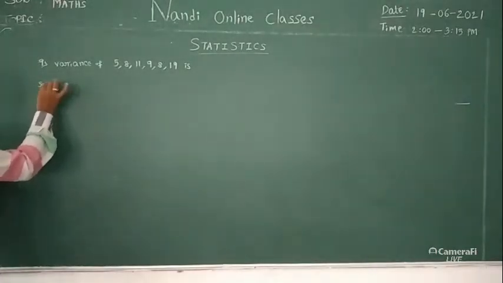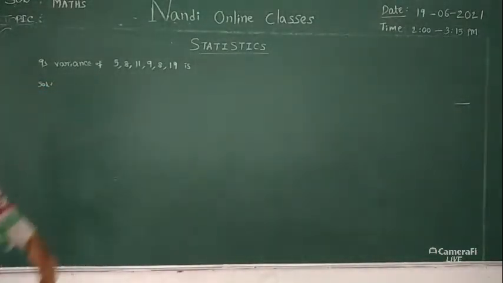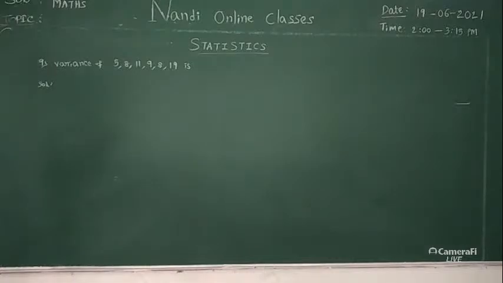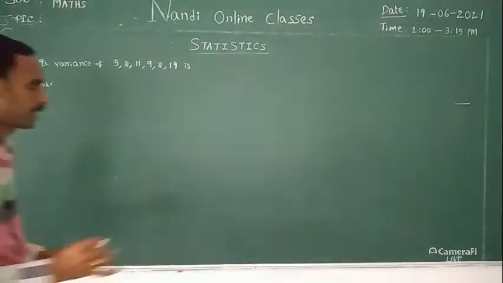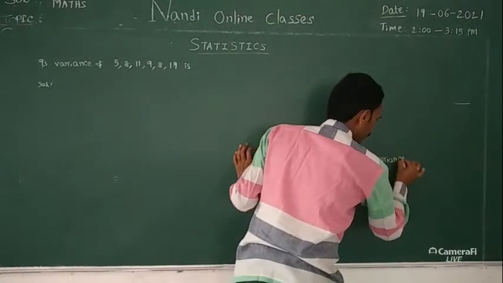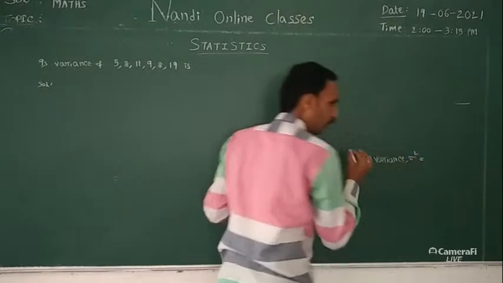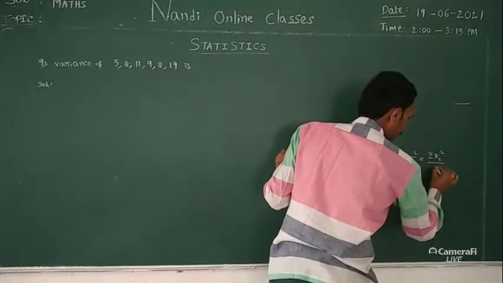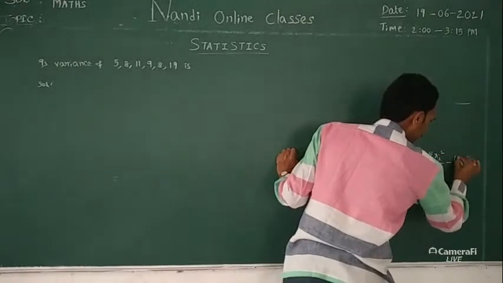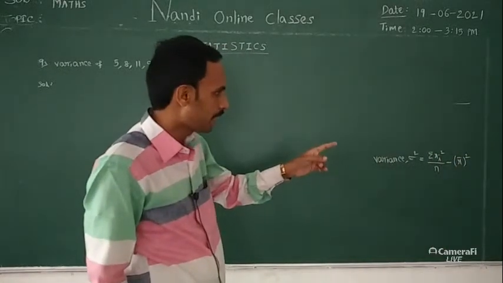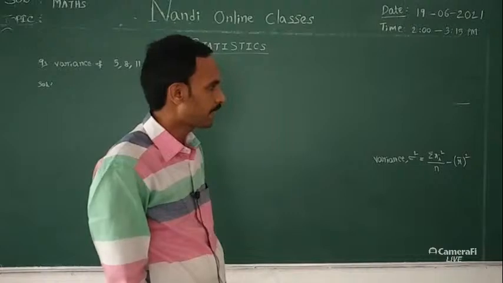Okay, solution. Here some observations are given, 6 observations, and they are asked to find the variance of this data. Variance is denoted by sigma square, whose formula is summation xi square by n minus x bar whole square, where x bar means mean. Similarly, standard deviation is denoted by sigma, and its formula is the root of summation xi square by n minus x bar whole square.